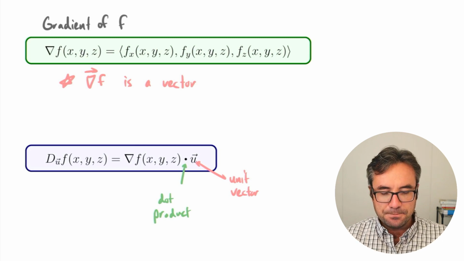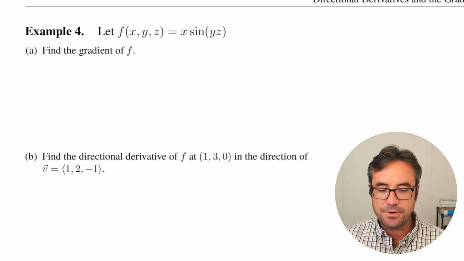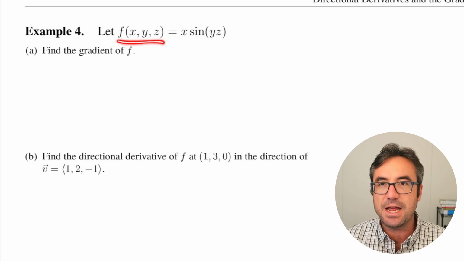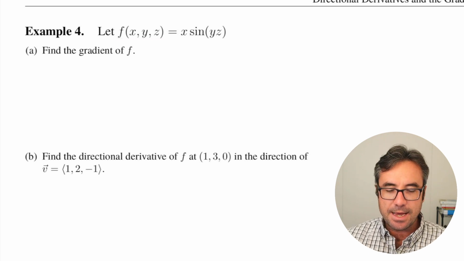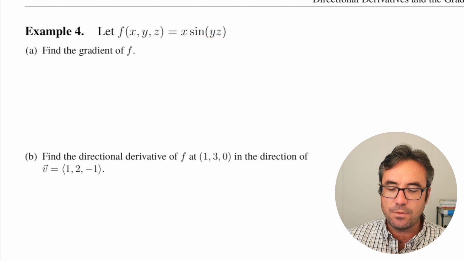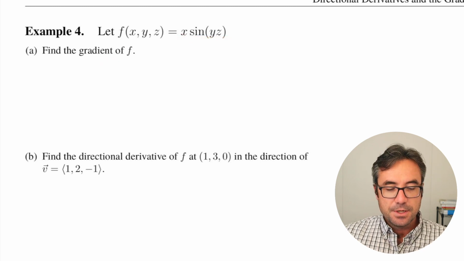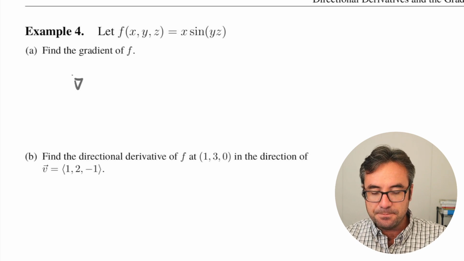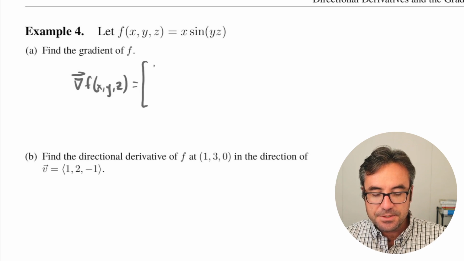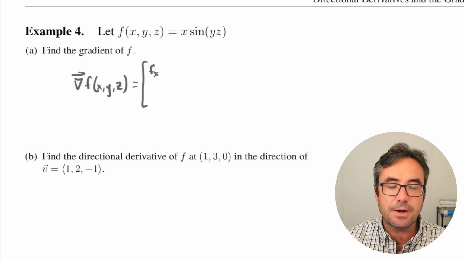All right, so let's try an example in the three variable case here. We have this function f of x, y, z, and it's the function x times sine of yz, and we're going to find the gradient of this scalar valued function first. So let's calculate the gradient. In the first spot, it's going to be our x partial.